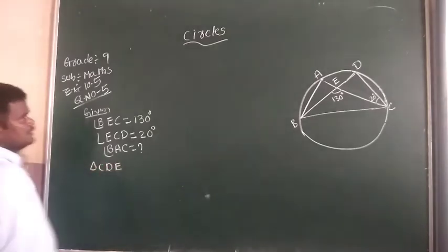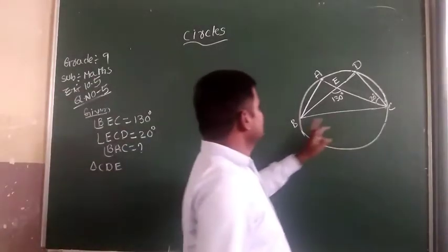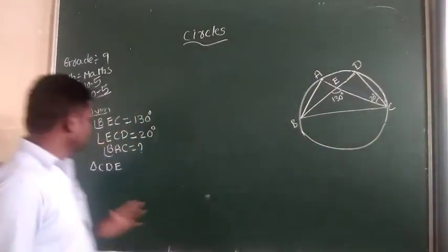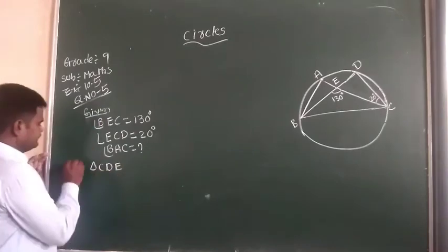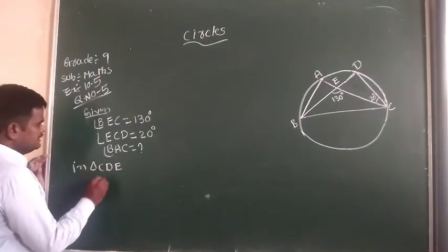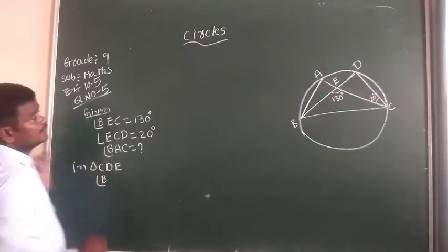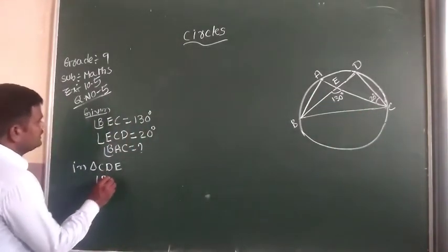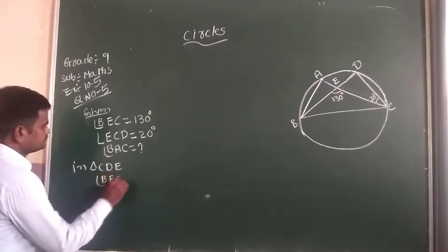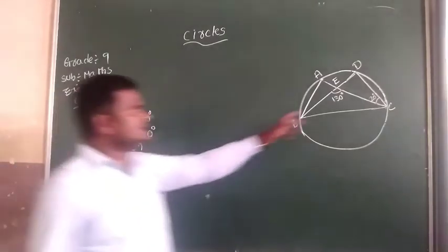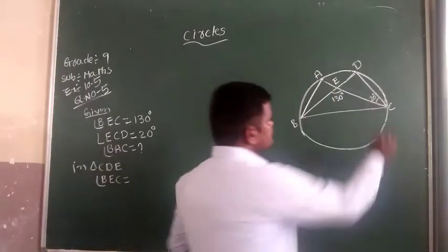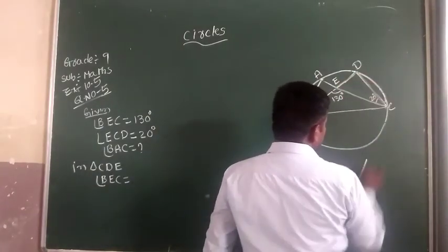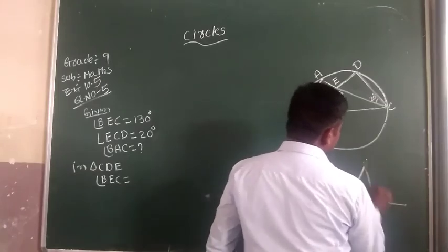In triangle CDE, here BEC is the exterior angle. So this is the exterior angle.